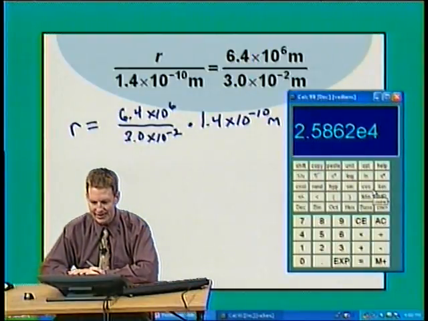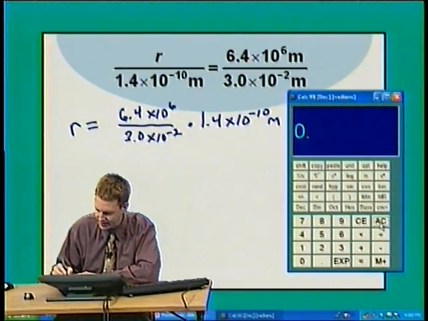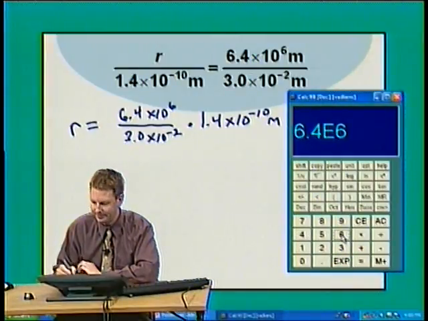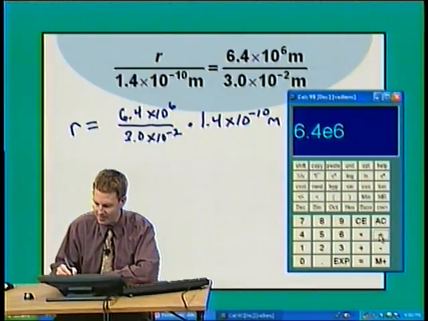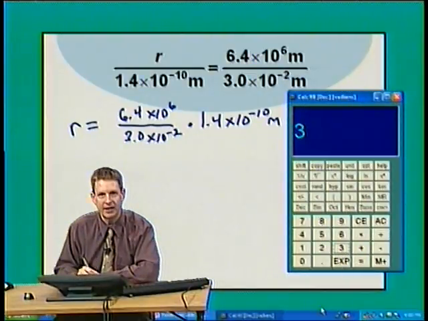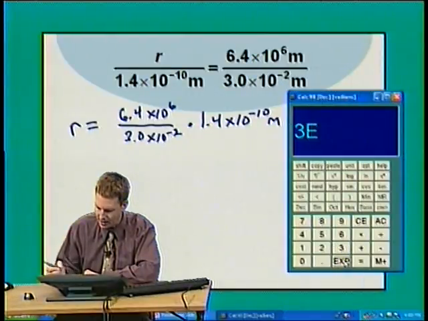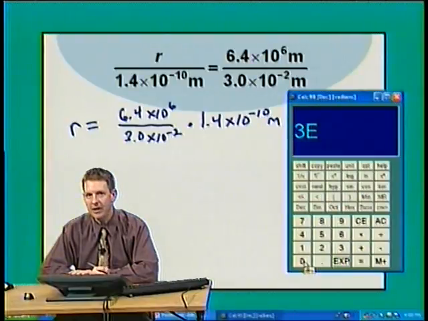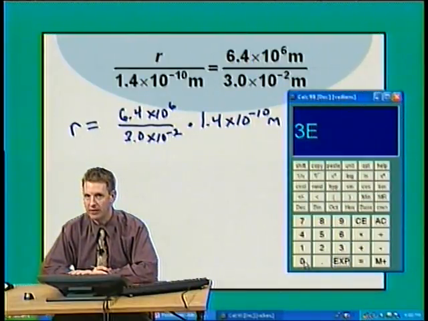So let's see, we've got 6.4 times 10 to the 6th power, and that needs to be divided by 3.0, which I can just enter as 3, times 10 to the negative 2 power. Something curious about this calculator is that when you want to negate a number, you hit the plus minus key after you enter the number, with one exception, and that's when you're using scientific notation.